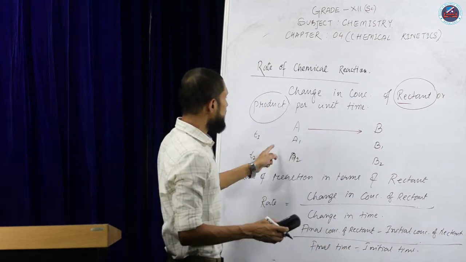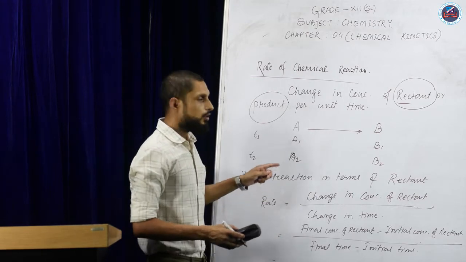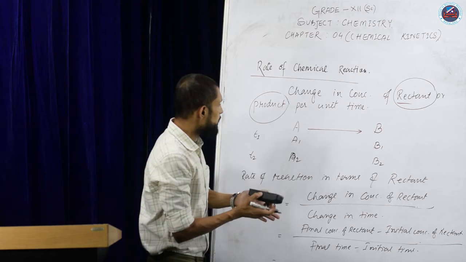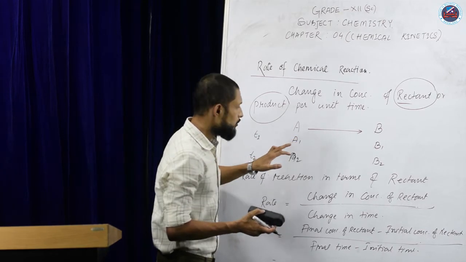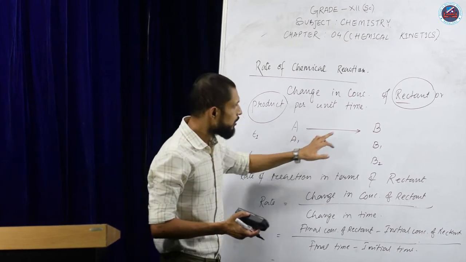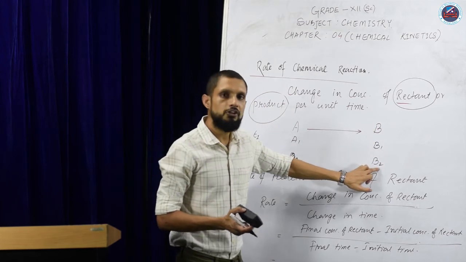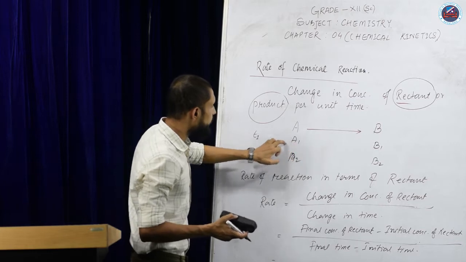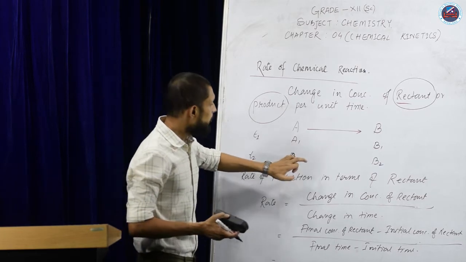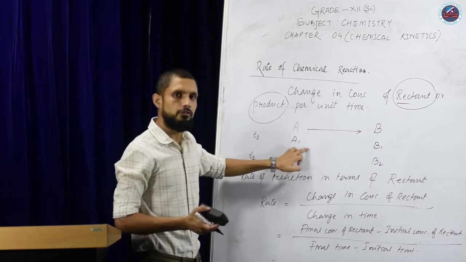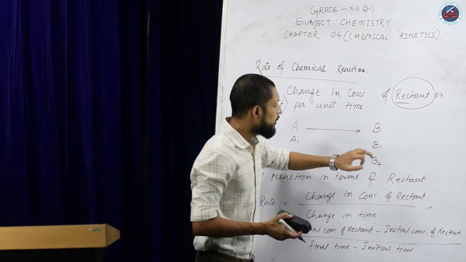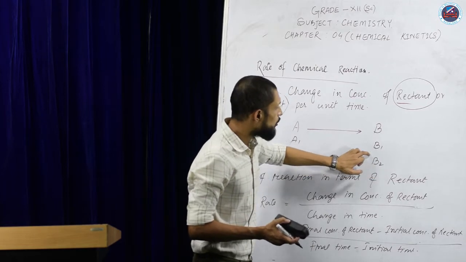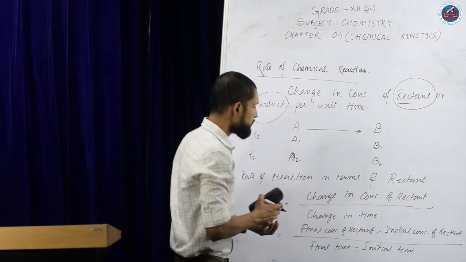So from this chemical reaction you can see the rate of reaction is taking place from A1 to A2 for reactant, from B1 to B2 for product. So for reactant the initial concentration is A1 and the final concentration is A2. Whereas for product the initial concentration is B1 and the final concentration is B2.